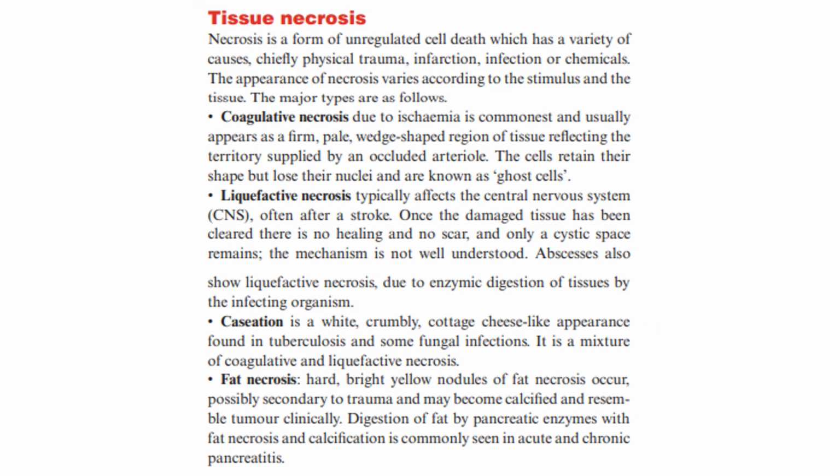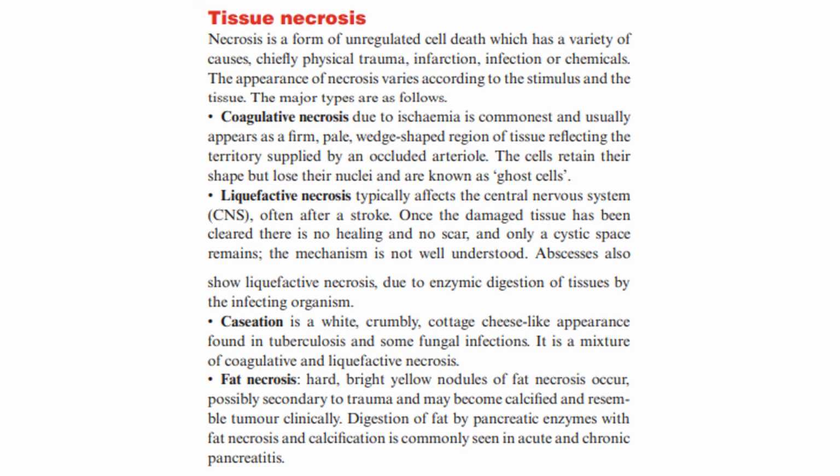Tissue necrosis. Necrosis is a form of unregulated cell death which has a variety of causes, chiefly physical trauma, infection, infarction, or chemicals. The appearance of necrosis will vary according to the stimulus and the tissue. Major types of necrosis are coagulative, liquefactive, caseation, and fat.